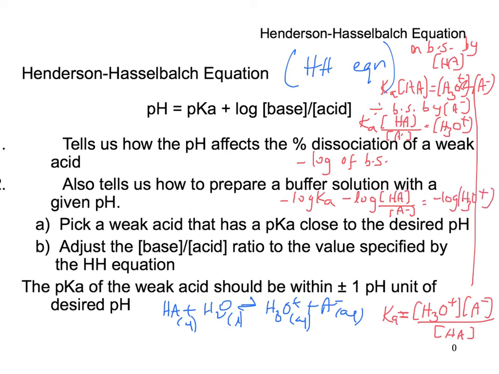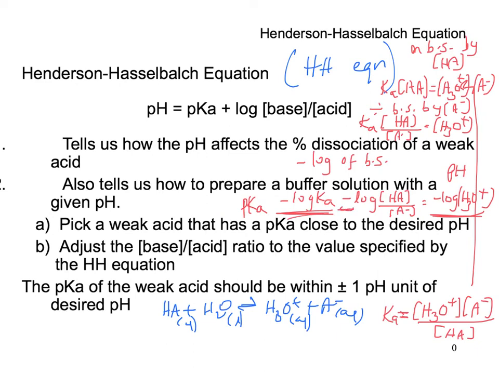But what is negative log of hydronium? Aha, that's pH. What is negative log of Ka? That's pKa. And you can write this right now, it's acid over base, but that's with the negative sign.